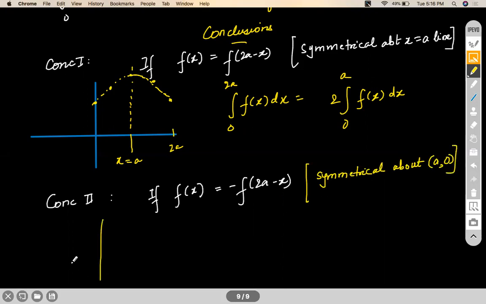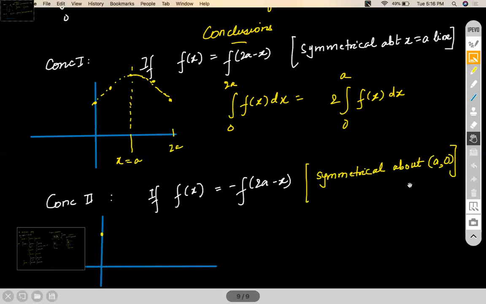See why it happens like this. Let us say this is my coordinate axis. So whatever value it has at 0, the negative of that value it will have at 2a.